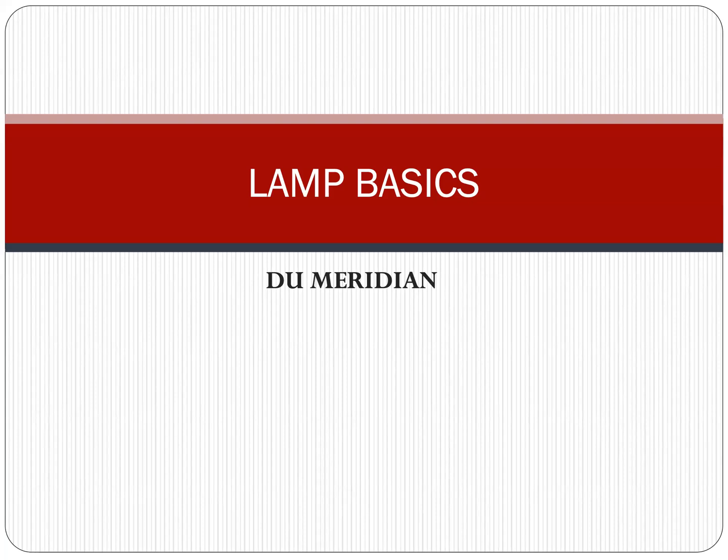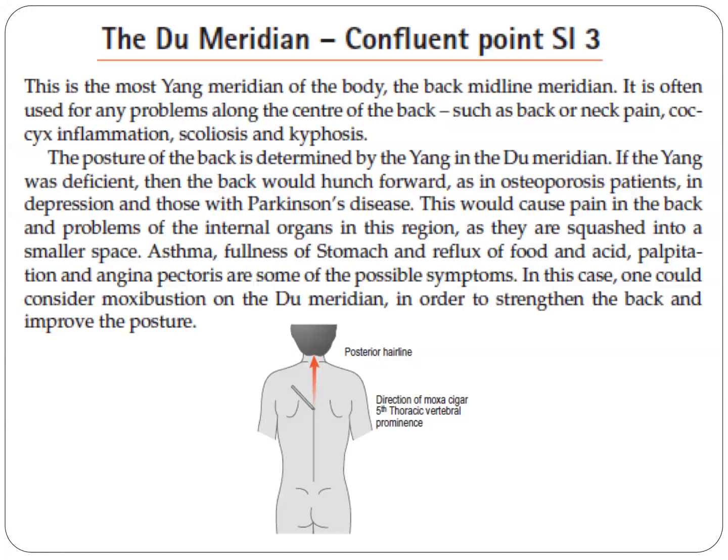So we continue our discussion on the extra meridians. For today, we discuss the Du meridian. The Du meridian has SI3 as its confluent point. This meridian is the most yang meridian of the body.